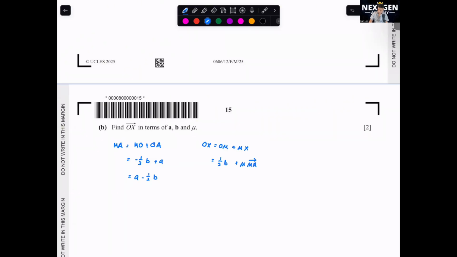So OX is half b plus mu times (a minus half b), which is half b plus mu a minus 1 over 2 mu b. That gives mu a plus (1 over 2 minus 1 over 2 mu) b.